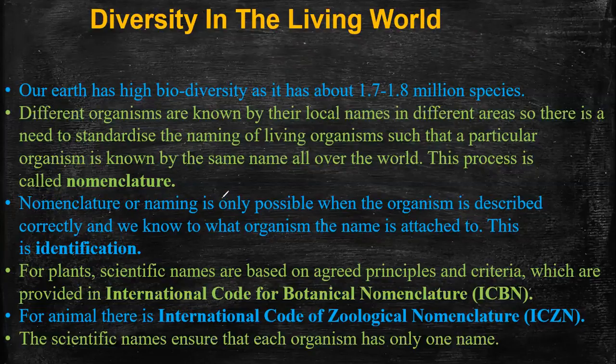And this binomial nomenclature was proposed by a scientist known as Carl Linnaeus, and this trinomial nomenclature was proposed by a scientist known as Lamarck.